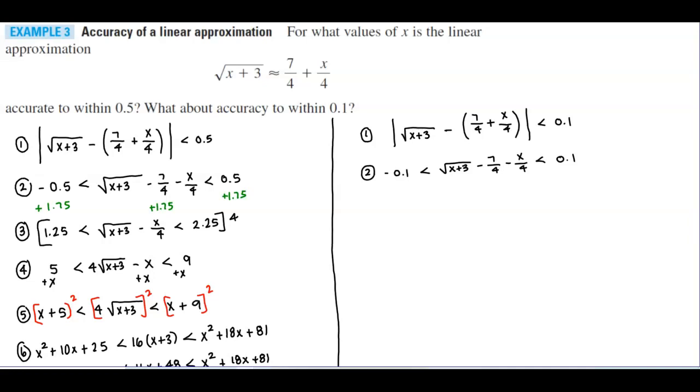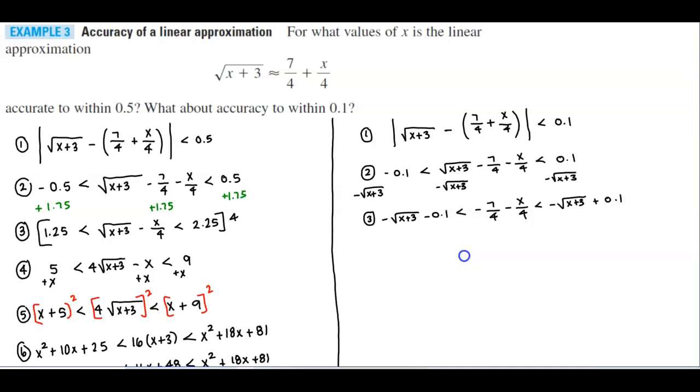We're going to subtract the square root of x plus 3 from all three sides. And so what we end up getting is negative square root of x plus 3 minus 0.1, which is less than negative 7 over 4 minus x over 4. And then that's going to be less than negative square root of x plus 3 plus 0.1.